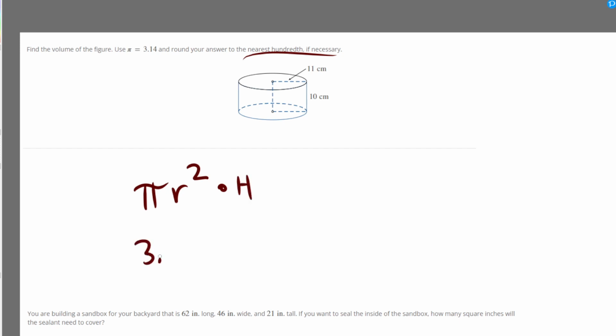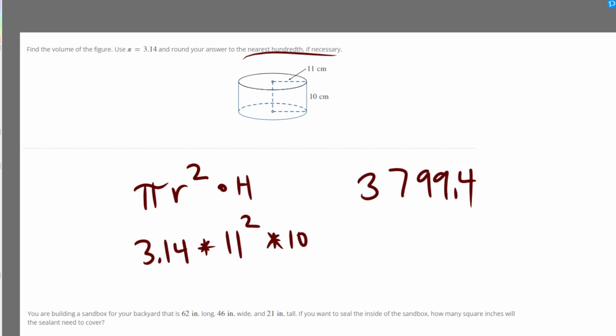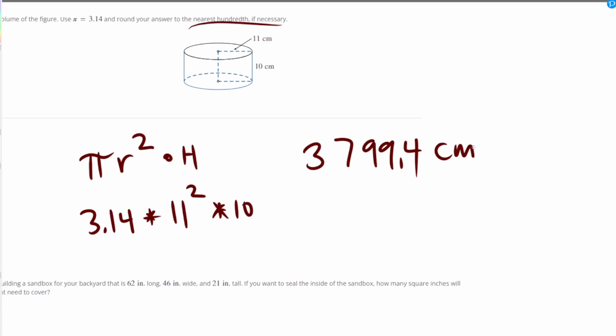So 3.14 times 11 squared times 10. And when we plug that into our calculator, we get, okay, so our answer is 3,799.4 centimeters cubed.